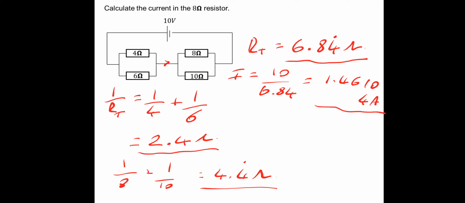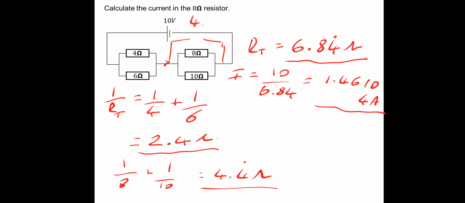So what we need to figure out is how much of that voltage goes to the 8 ohm. If you're good at maths and can think like a proper mathematician, you could just do a ratio and figure it out. If not, then what we need to do is to calculate the voltage across this section, which is pretty straightforward because we've got the resistance of 4.4 recurring ohms.